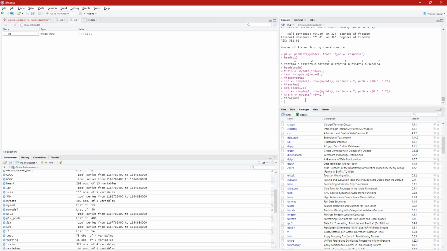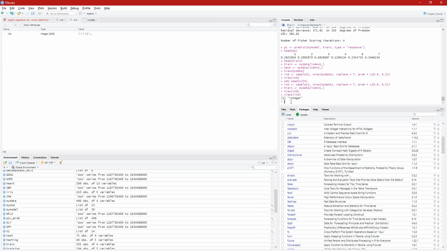Still the same. Okay, ano? Tapos sige, i-class. Type mo class sa console. I-run natin class, then ind. Small c lang, ha? Integer, sir.